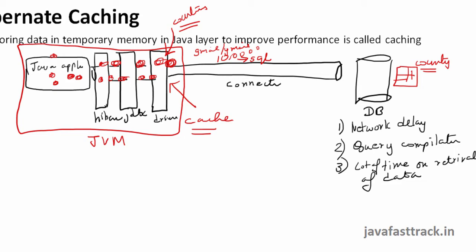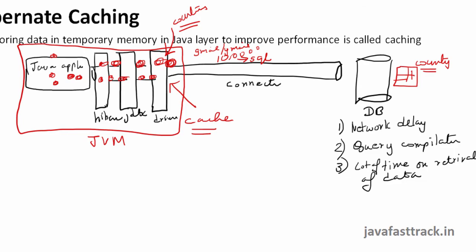It's not necessary that you need Hibernate for caching, or any other caching libraries. Maintaining a cache is not very difficult. It is just about storing data in some Java objects to improve performance. That is what you call caching.